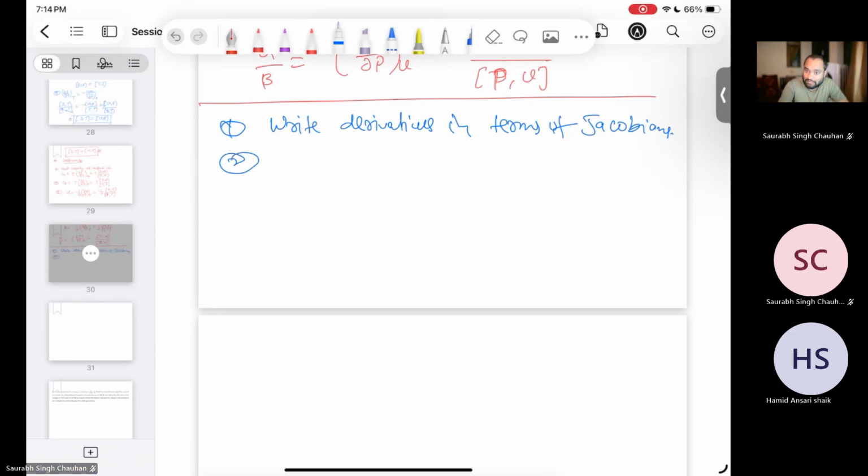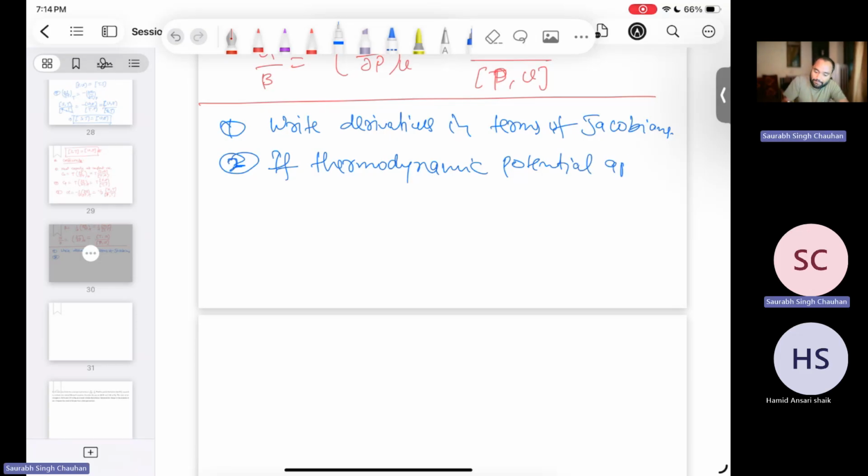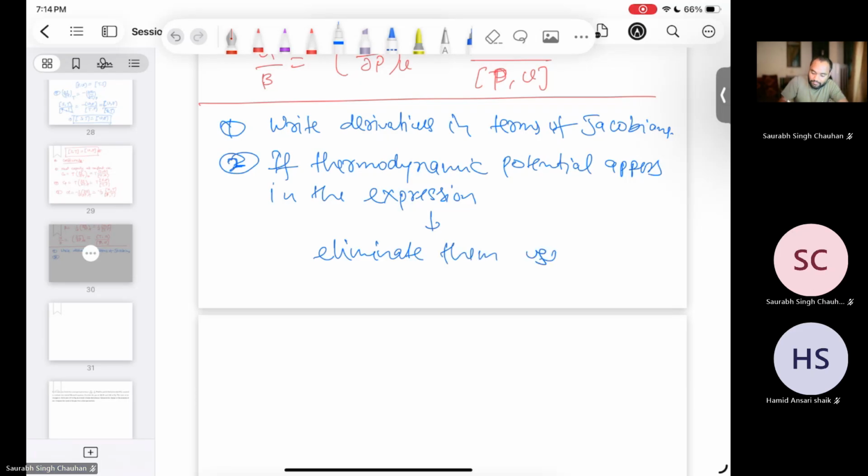Then, if there is any thermodynamic potential in the expression, we will have to use those particular relations that we had for the thermodynamic potentials. Eliminate them using the respective relation.